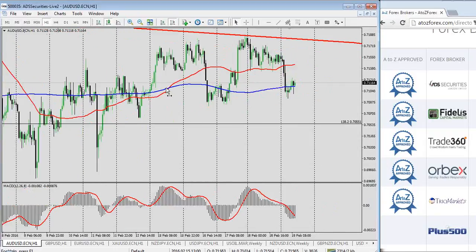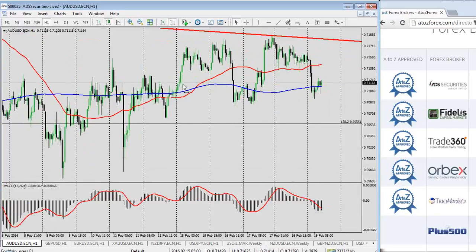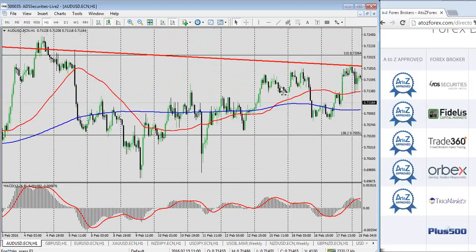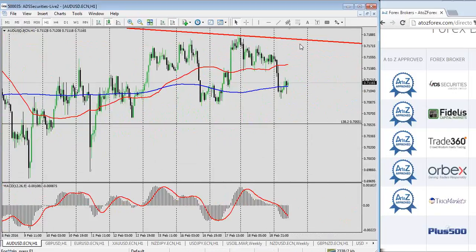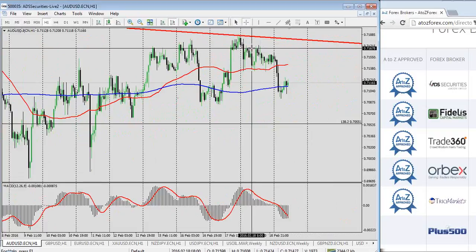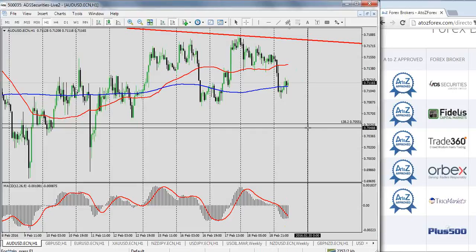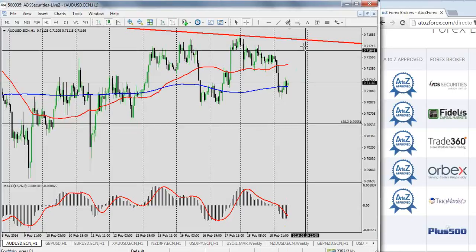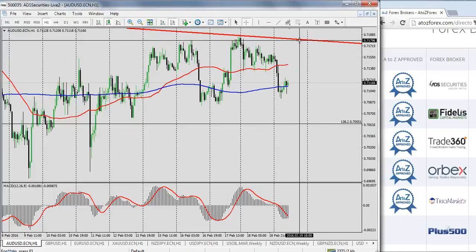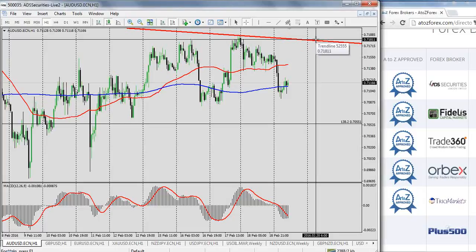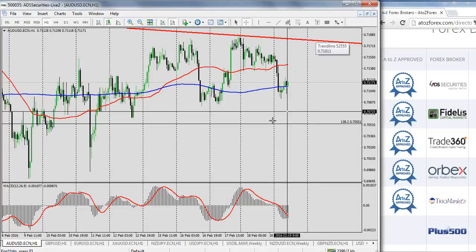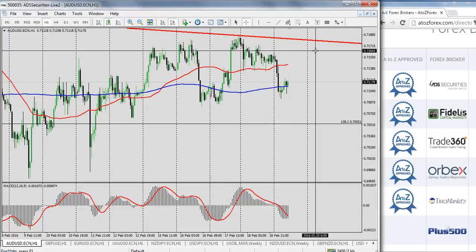Zooming out, we can see that it is actually moving relatively sideways between the trend line and, of course, the 138.2% Fibonacci retracement zone. As we discussed before, I am actually in person in favor of bullishness for this pair, and I believe that the trend line is going to be broken upwards.